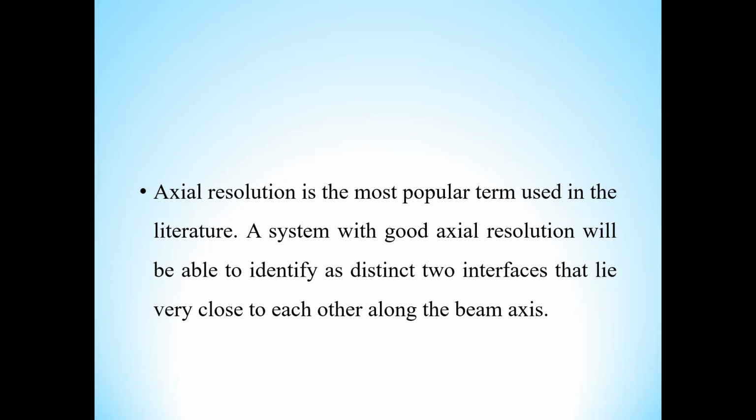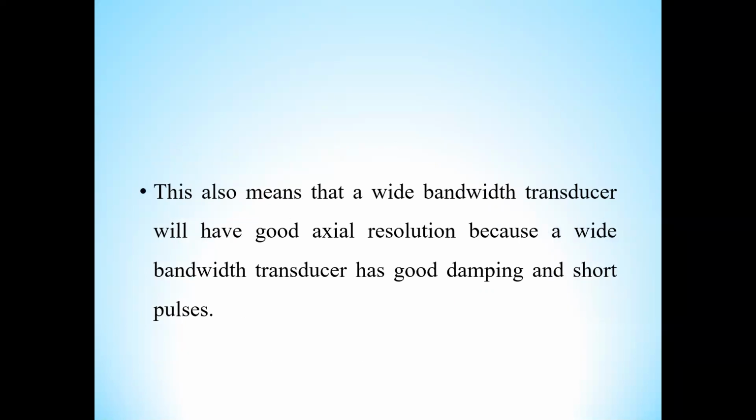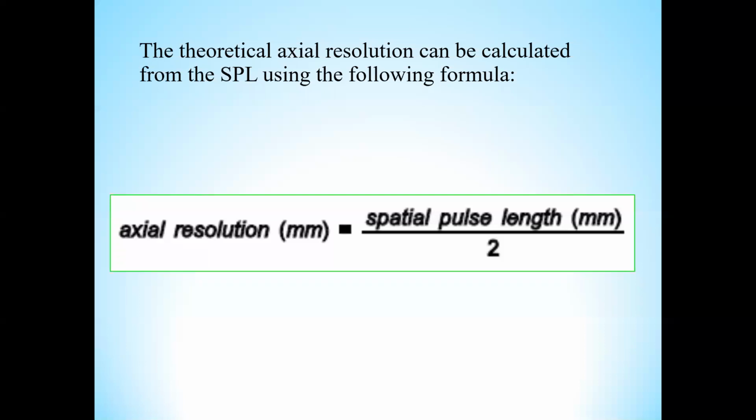So we have to use the highest possible frequency to achieve better axial resolution. And the formula of axial resolution is SPL divided by 2. Is it clear? And this is the formula of axial resolution.